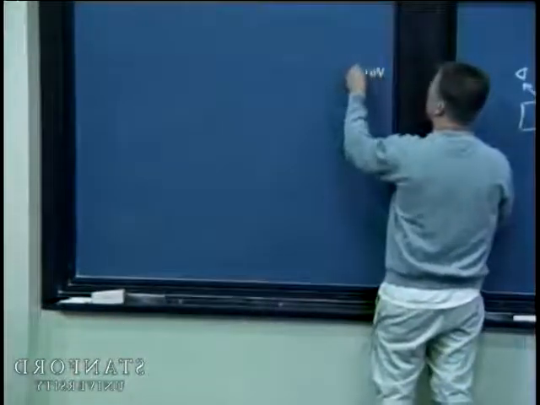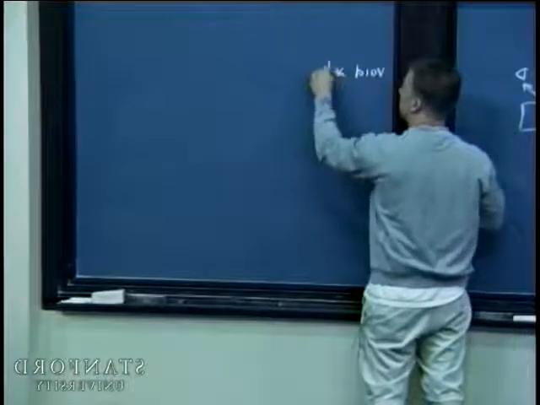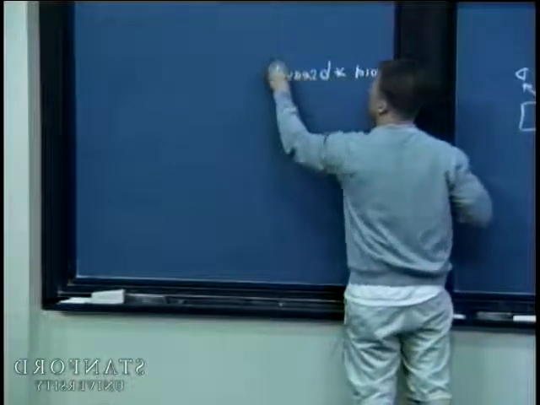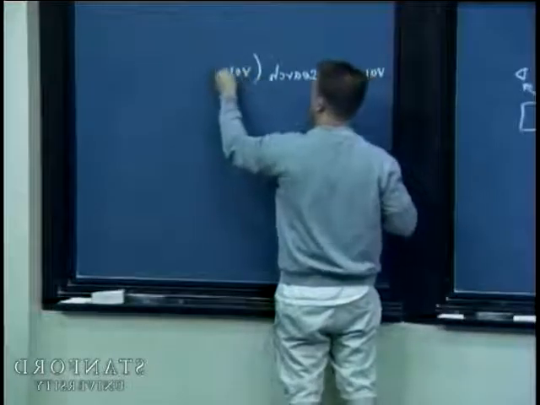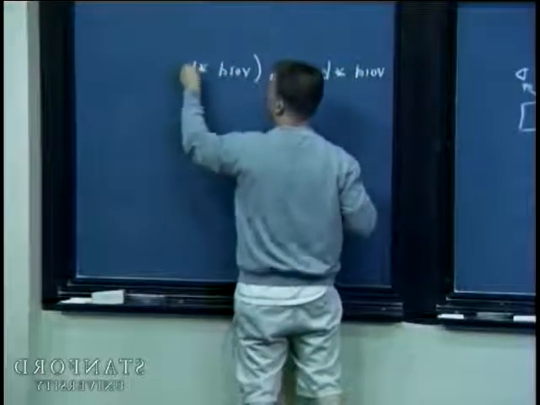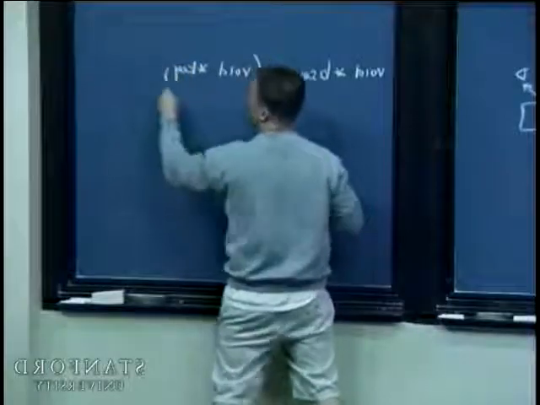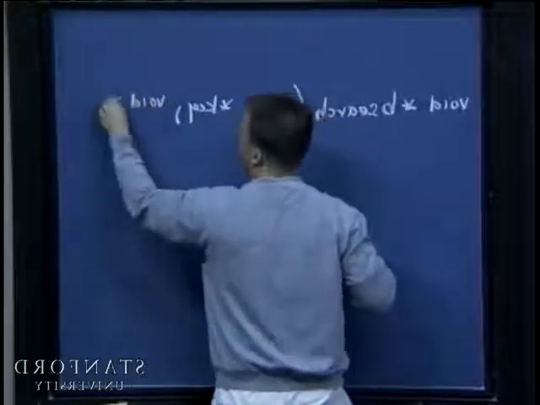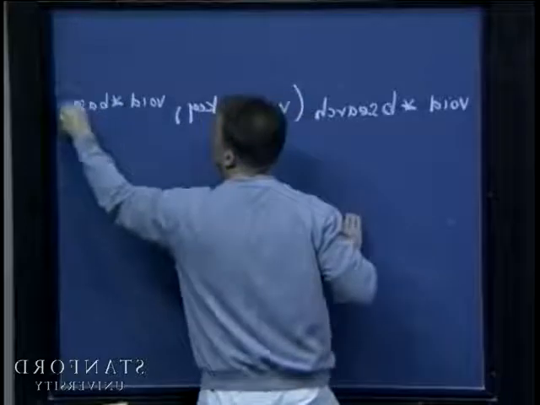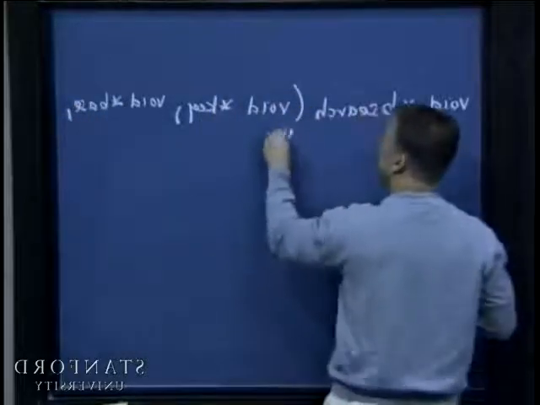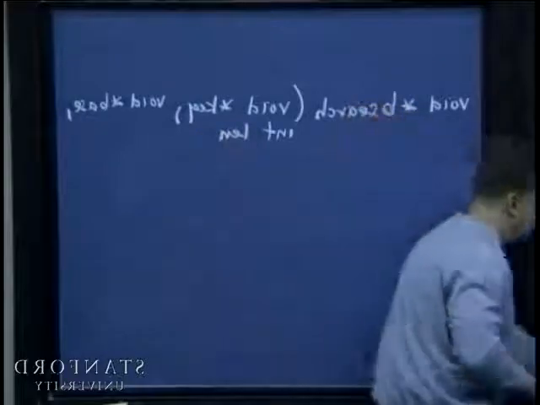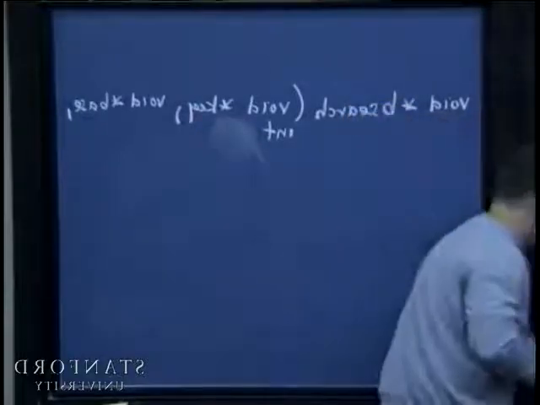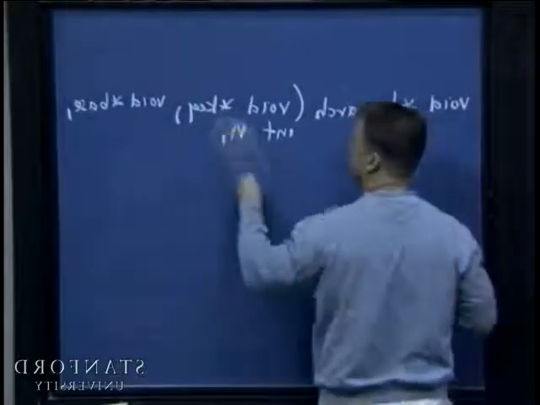This is the prototype for that built-in. void star is the return type. It's called bsearch for naturally binary search. It takes a void star called key. It takes a void star called base. It takes an int. I think it's called len for length. I actually like n better though. n always means size of an array.